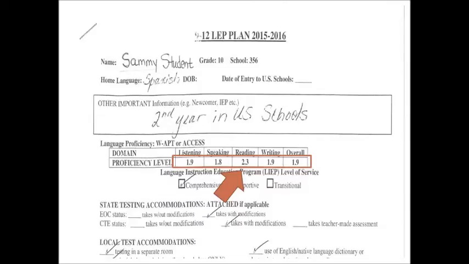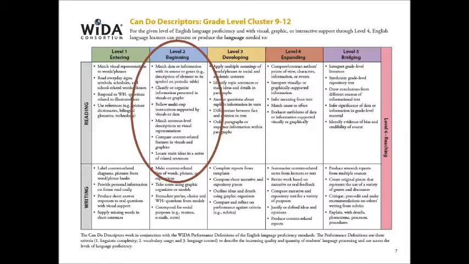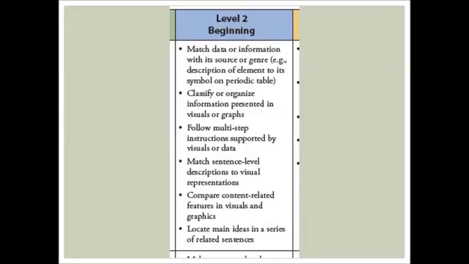Sammy's reading proficiency is a 2.3. You'll see on the other side of your handout that Sammy should be able to match data or classify or organize information that's presented in graphics or visuals. I'll let you go ahead and just read through the rest of things that Sammy can do at a reading level of 2.3.